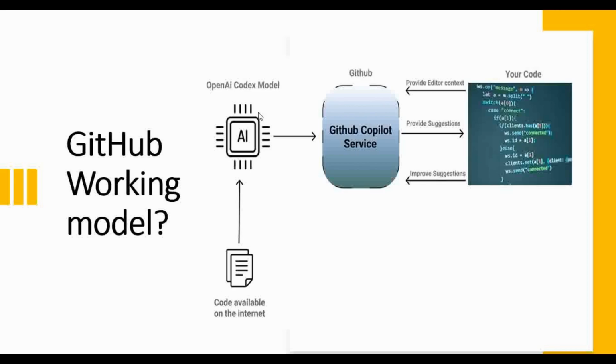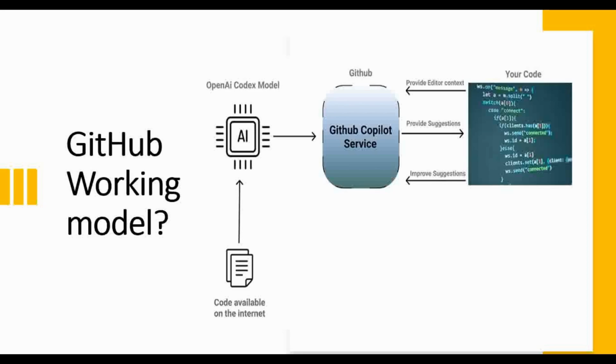It will give some UI, or a console of sorts, where this model can interact with our IDE. So GitHub will stand as a mediator between our IDE and the LLM model. If you are giving some prompt in the editor, the GitHub Copilot service will read that prompt and pass it to the OpenAI model, right?